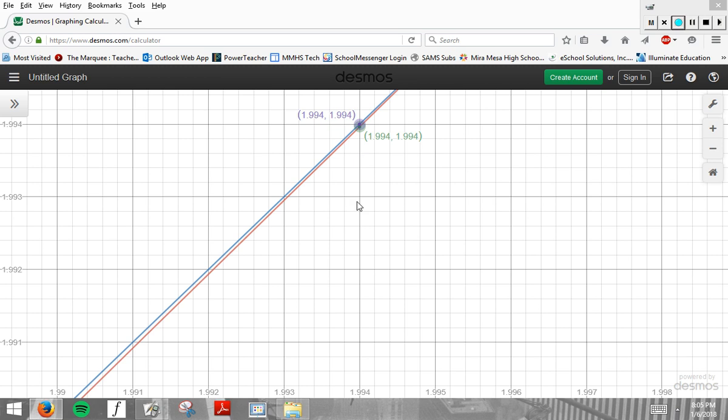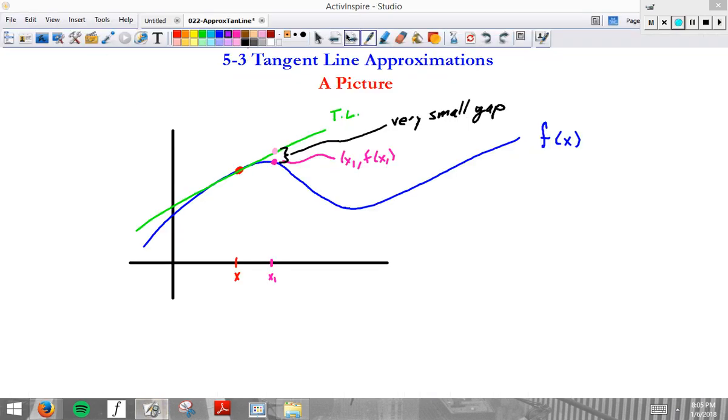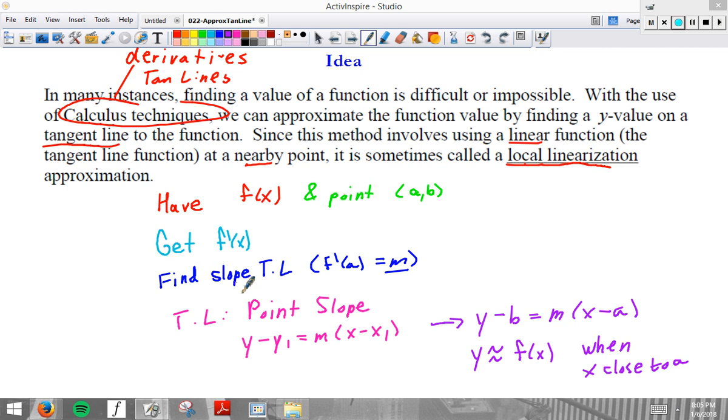But for our 3 decimal accuracy rule, it doesn't matter. So we're going to get a tangent line, point slope formula, and we're going to use that to approximate. Okay? It's that easy. So we're going to be wanting to use this usually: y1 plus m times x minus x1. Okay?